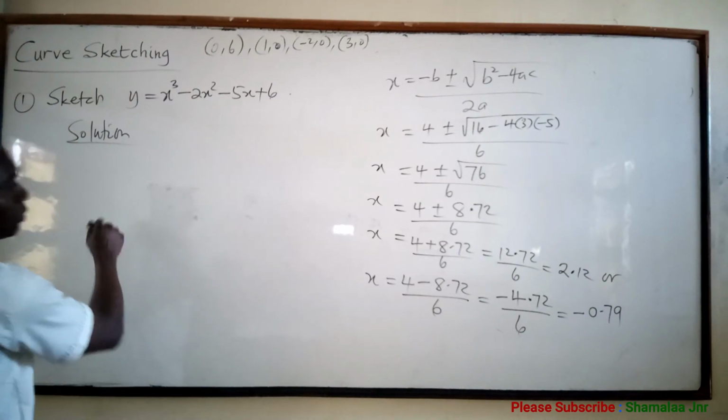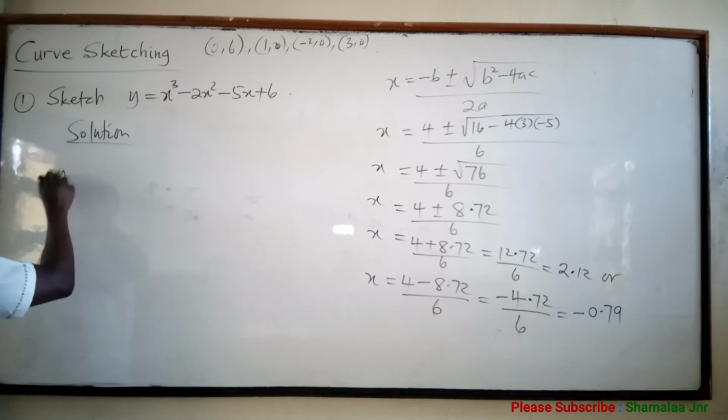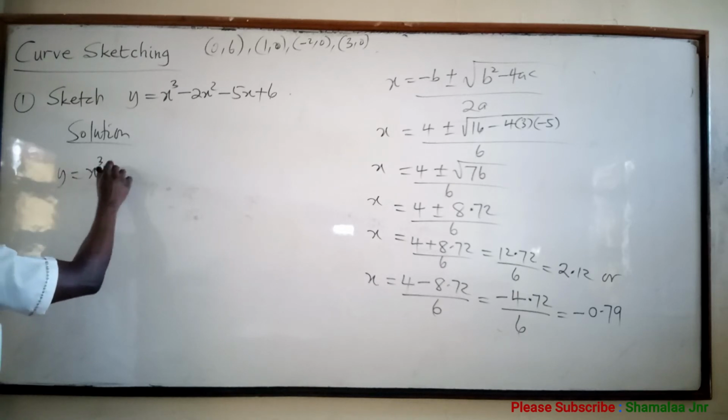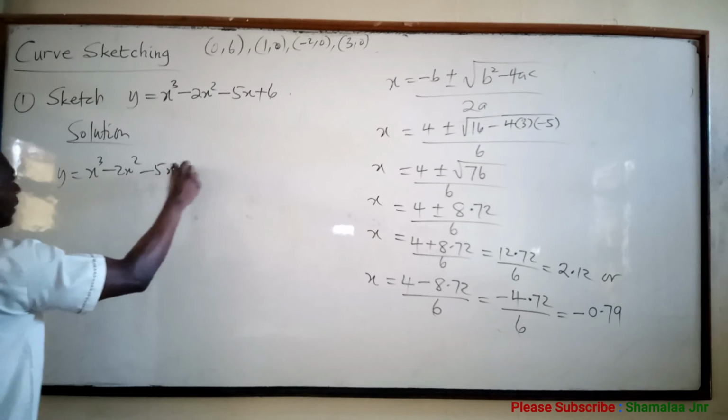So you can say that y is equal to x cubed minus 2x squared minus 5x plus 6.